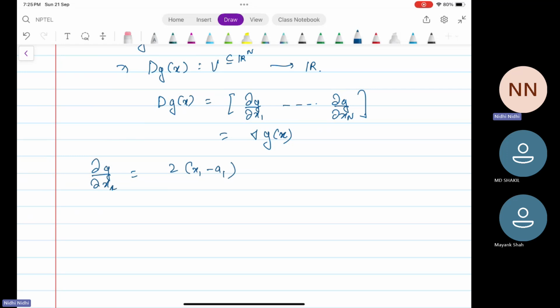In fact, del g by del xi is equal to 2 times xi minus ai for every i from 1 to n. So this gives us the gradient of g at x.